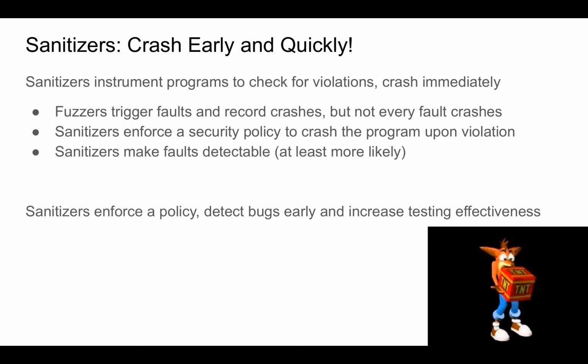Now with sanitizers, as I described just earlier, we can enforce the given security policy to crash the program right away upon violation, right, whenever that happens. So sanitizers make faults detectable according to the policy that they are enforcing. Now, this very much depends on the policy, and we'll discuss later about the different sanitizers. Not every sanitizer is worth it, right, because sanitization comes at a cost.